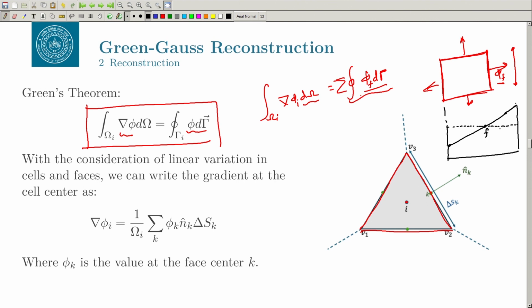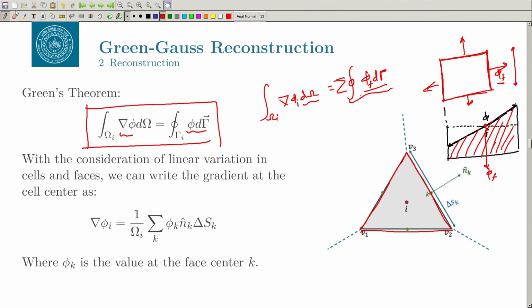So, if you want to calculate the phi variation along this, this is my variation of phi, and I want to calculate it along the entire face. This will be my area. Because the variation is linear, you can take the value at the center, which is my phi f.